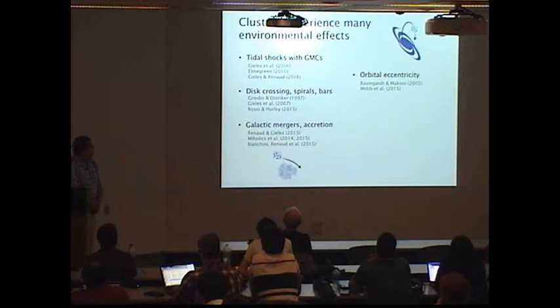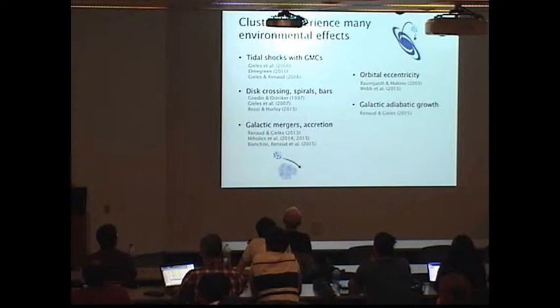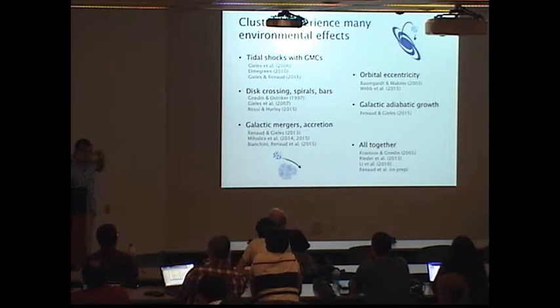The effect of orbital eccentricity, which is very important over the long-term scale for star clusters, the adiabatic growth of galaxies through cosmic time. And of course, you can combine all these and many other aspects, put all these things together and see the relative weight and how star clusters actually respond to the cosmological evolution of their hosts, in plural.